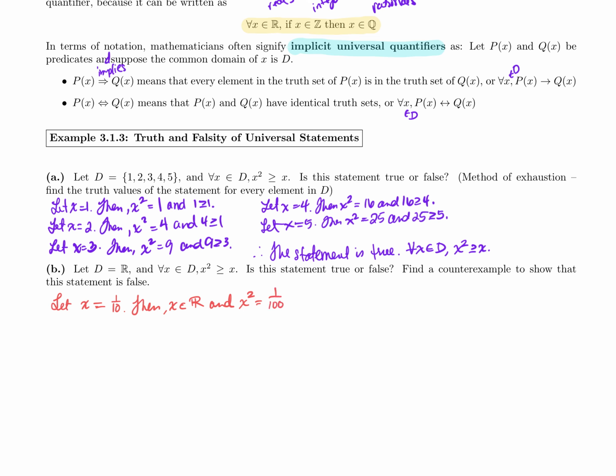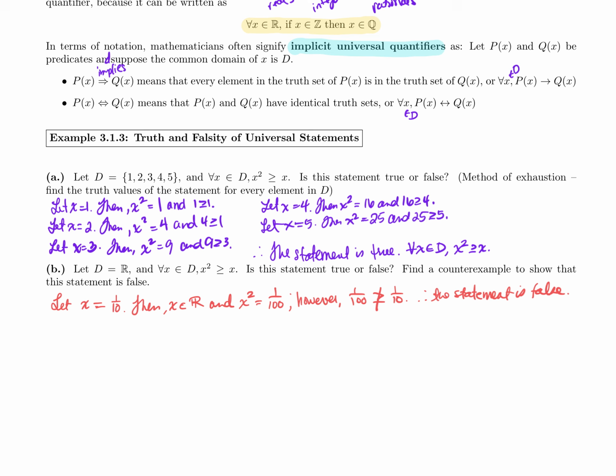That's 0.01. So we would say, however, 1/100 is not greater than or equal to 1/10. And therefore, the statement is false.